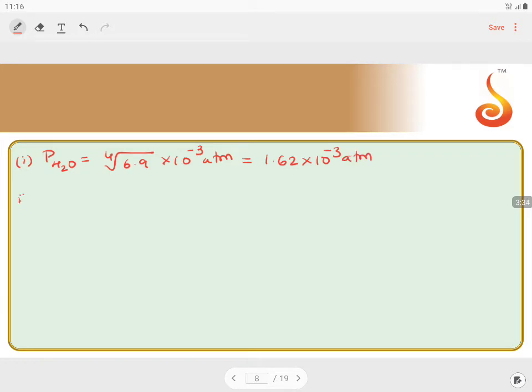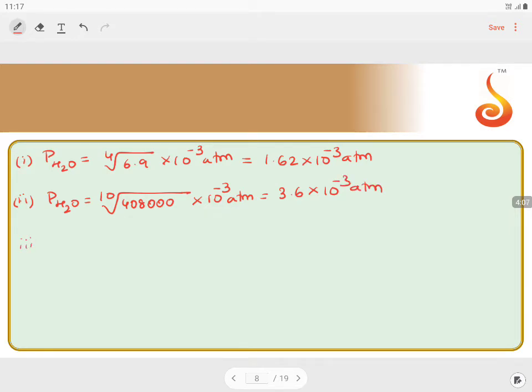In equation number 2, the partial pressure of H2O is the 10th root of 4.08, which I can write as 408,000 into 10 power minus 30, becoming 10 power minus 3 atmosphere. The answer comes approximately 3.6 into 10 power minus 3 atmosphere.